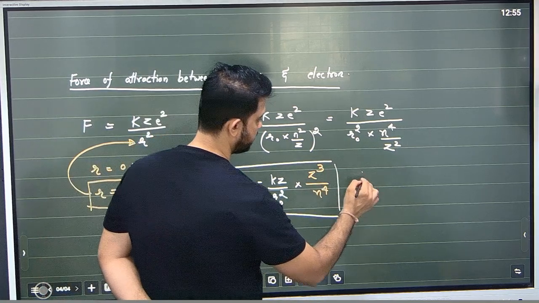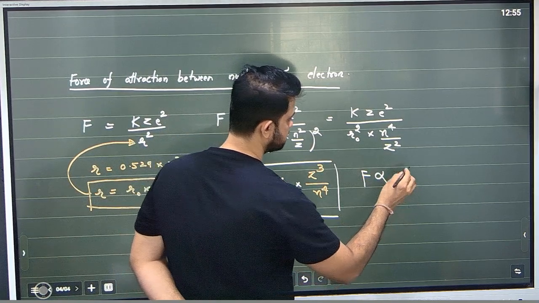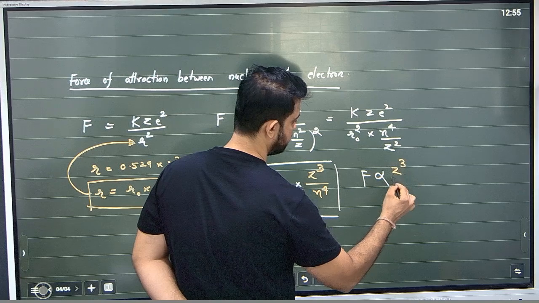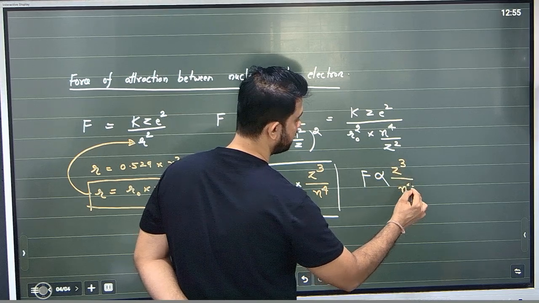Or the force of attraction between the nucleus and electron is directly proportional to z cube upon n raised to 4.